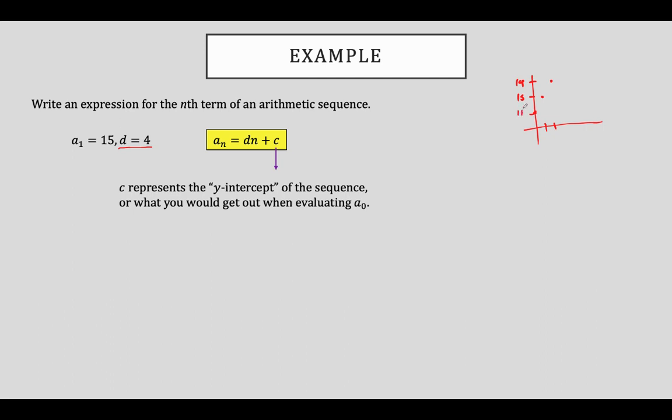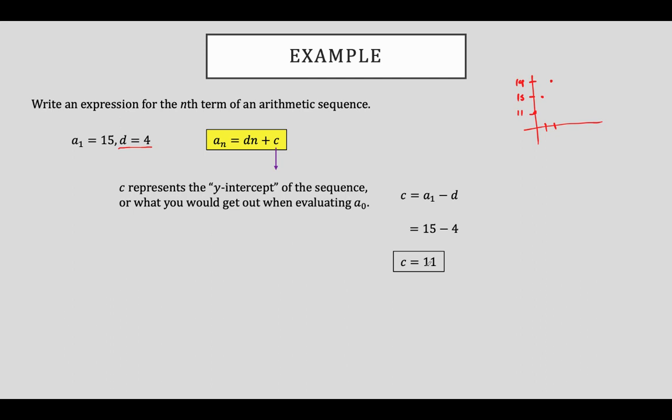You might recall the equation from the previous page: c is equal to a1 minus d. If I take the first term and subtract d, our common difference, that would be 15 minus 4 in this case. Yes, we do indeed get the 0th term, or what would be considered the y-intercept of our sequence. Obviously not drawn to scale here, but hopefully you get the picture.